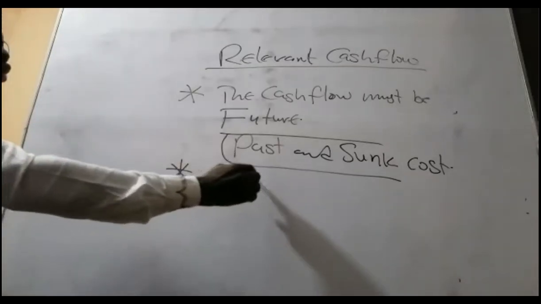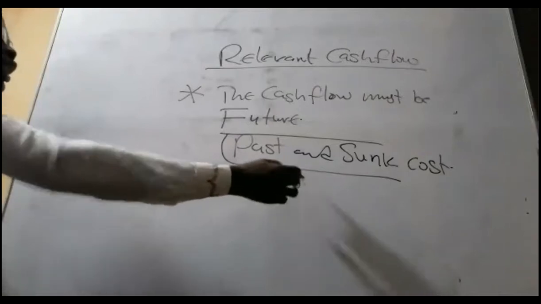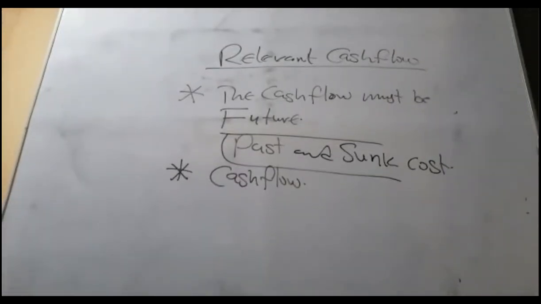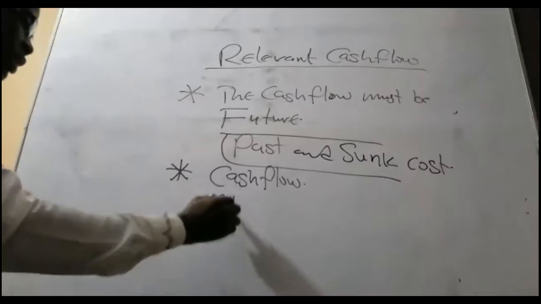It must involve movement of money, that you are paying money or receiving money. If there's nothing like that, dodge or ignore it. Before you can record anything in the NPV, it must be a cash flow. So all non-cash items must be ignored.